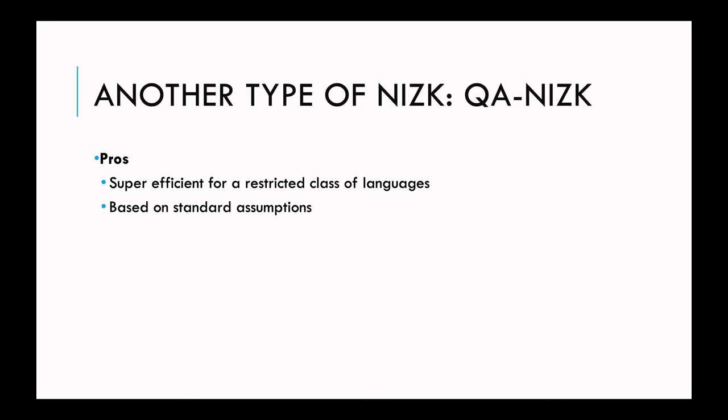Unfortunately, KNIZKs also have several drawbacks. One of them is what the meaning of this QA, quasi-adaptive, is: the CRS depends on the language parameter, LPAR. The language parameter is usually assumed to be trusted. You can think of it as, let's say, an ElGamal public key, and the KNIZK proves some property related to this public key.